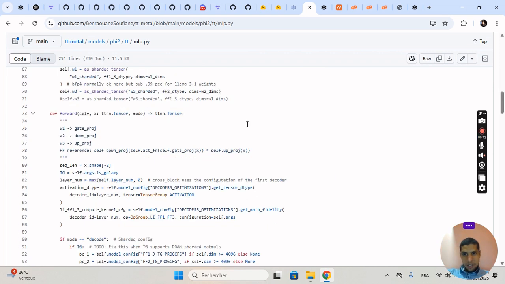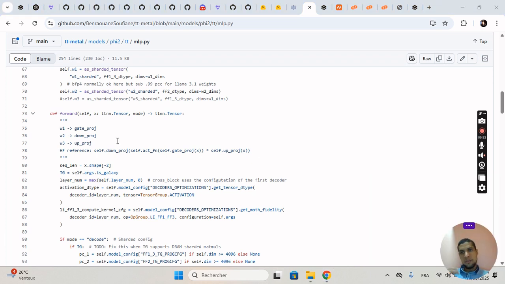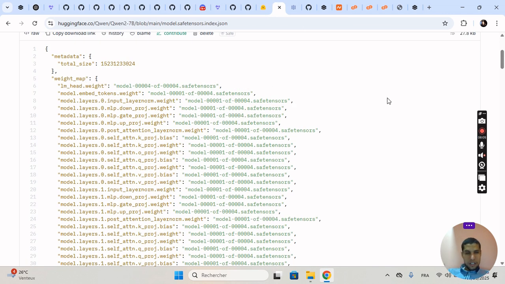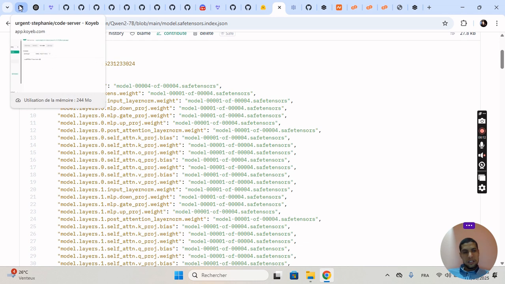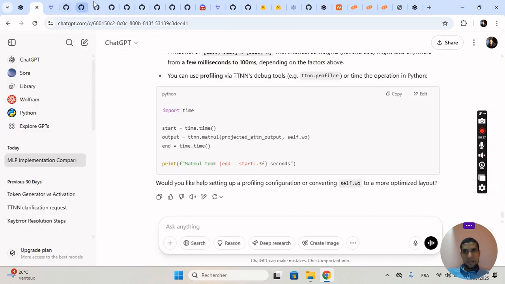So there are now only two weights, up and down projection. I followed the standard Phi causal LLM implementation of the MLP. It's pretty clear and pretty simple.